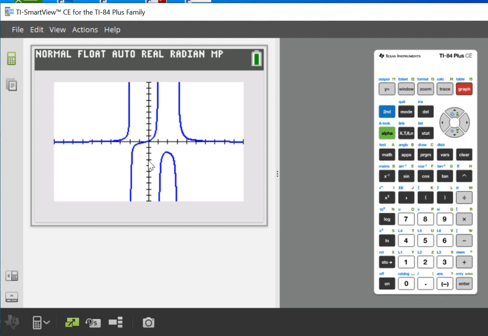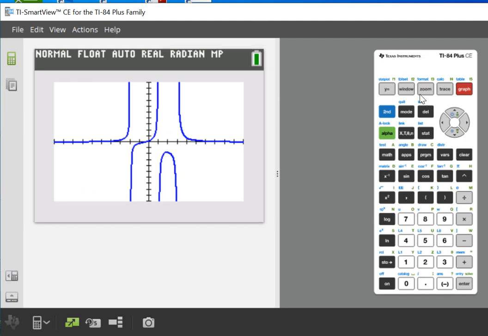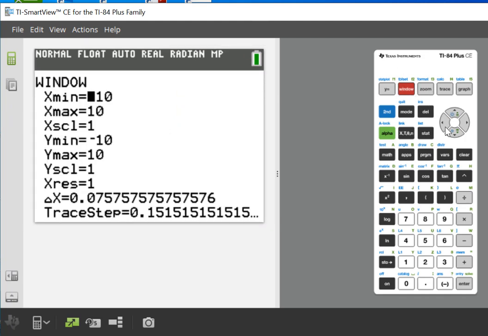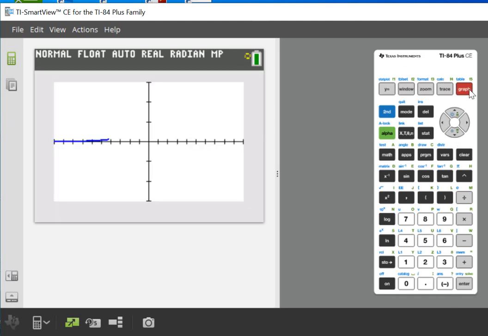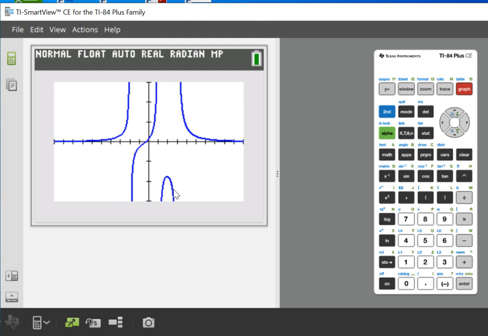I think let's look from negative 3 to 3 in our y values. So change our y min to negative 3, our y max to 3. Okay, yeah, that's still pretty tough to see. But we'll make the best of it and maybe adjust our window in a second if we need to.